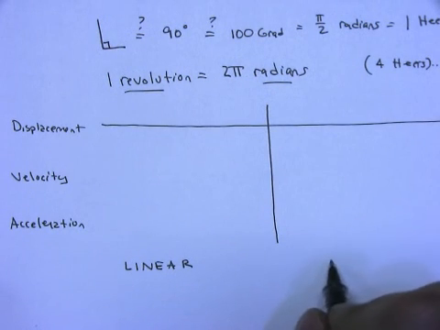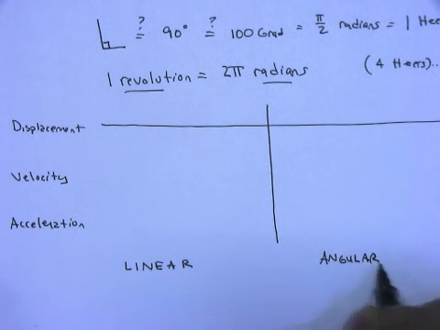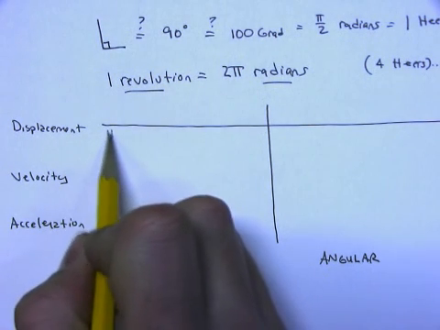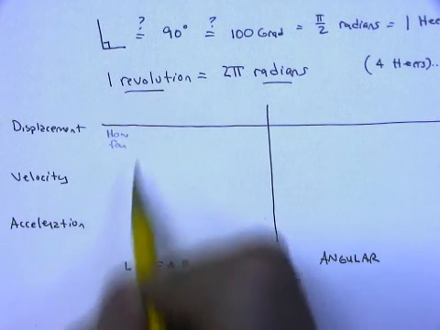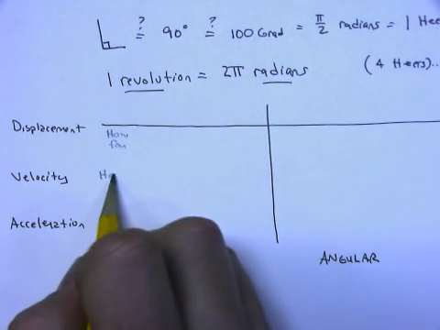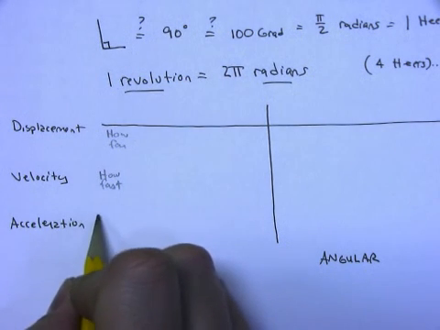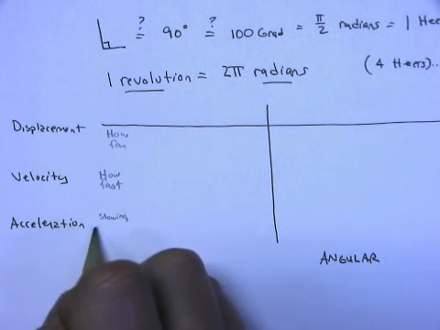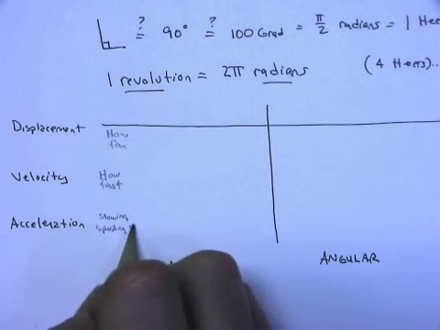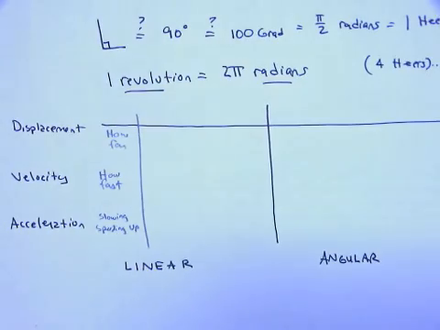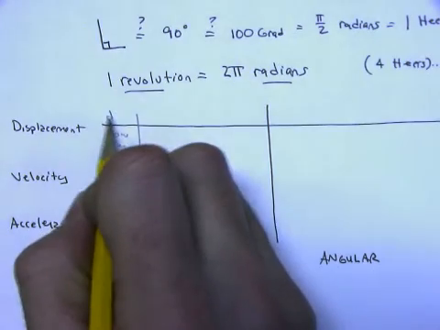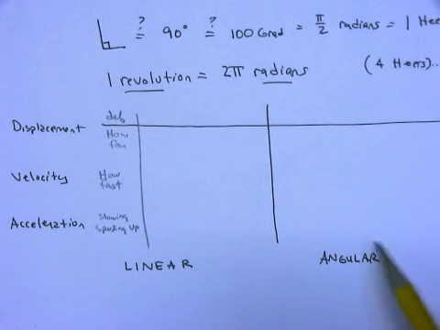I want to talk for a second about angular. Now, let's compare the two. Displacement is just how far something goes. Velocity is how fast. And acceleration is if you're slowing or speeding. That's the definition.